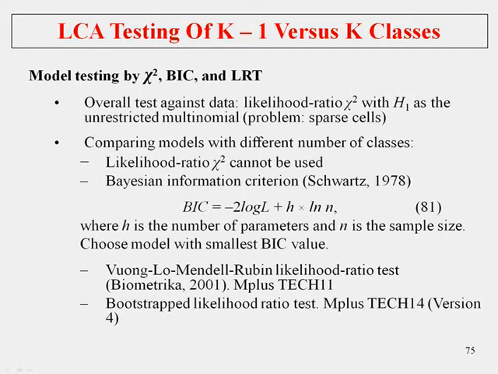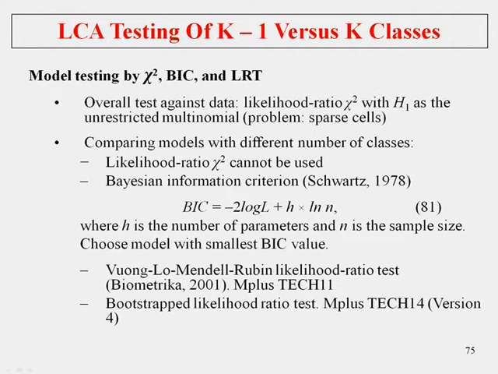But very often then you also try to figure out how many classes you have. That is not testing against data, but comparing models with different number of classes. The likelihood ratio chi-square cannot be used here. Chi-square testing can be used on nested models, one model being a special case of another model where some parameters are fixed at 0.